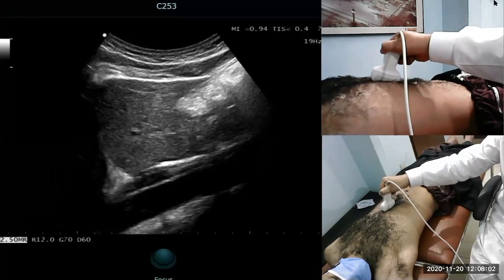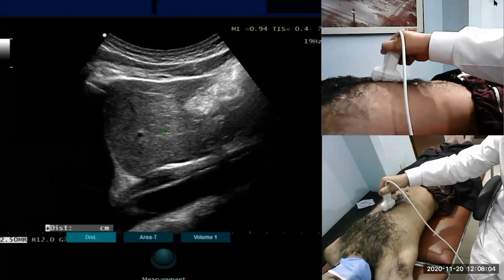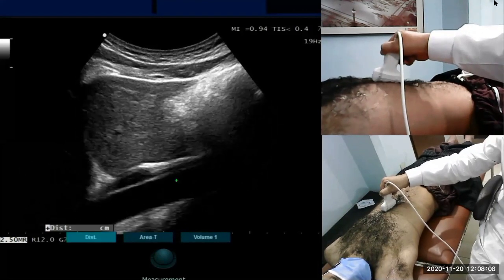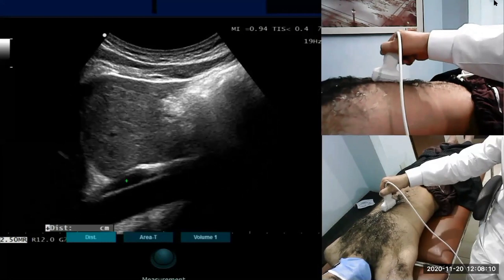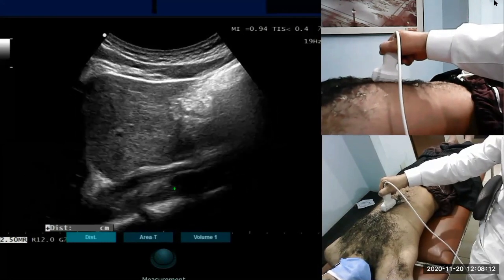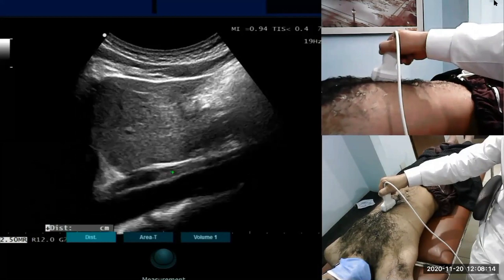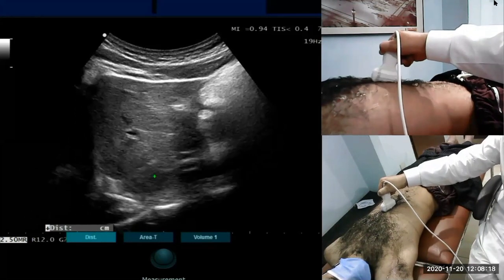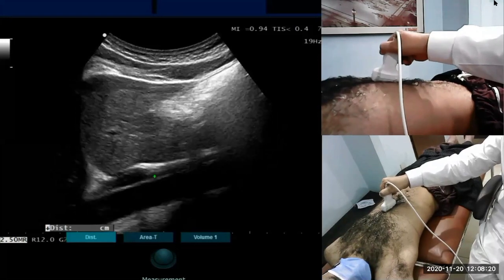I have noticed there is food in the stomach here. I can see the crus of the diaphragm there. This is the aorta, and this black is the crus of the diaphragm, the muscular part.